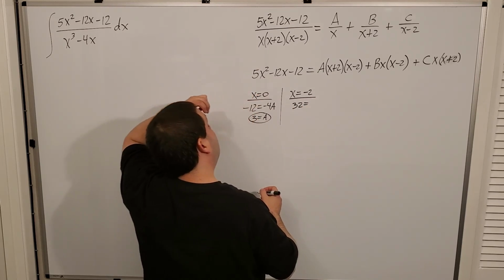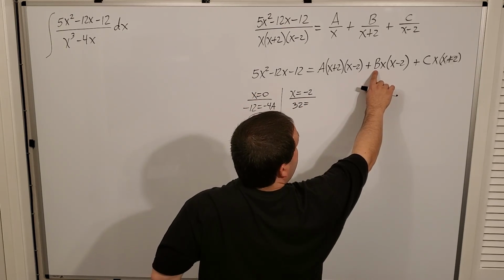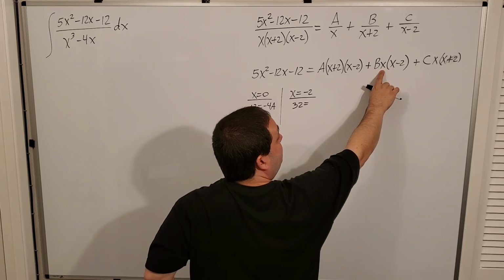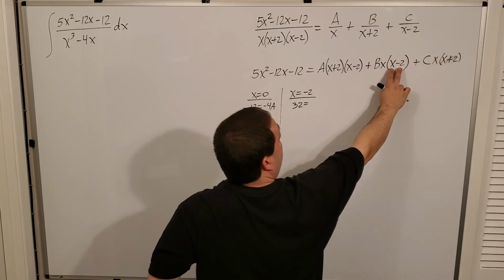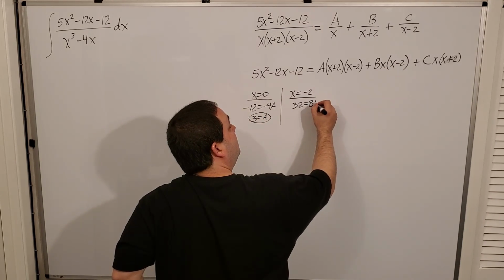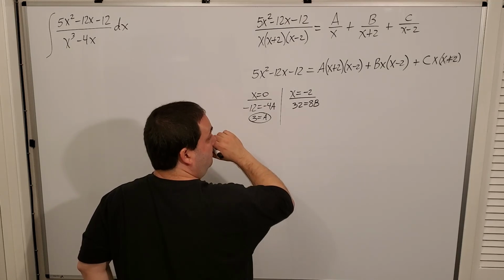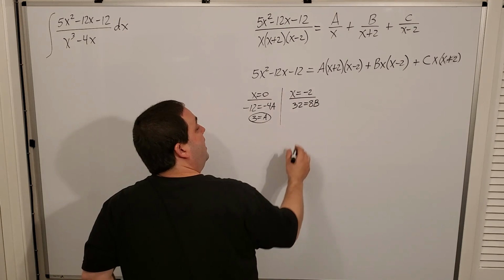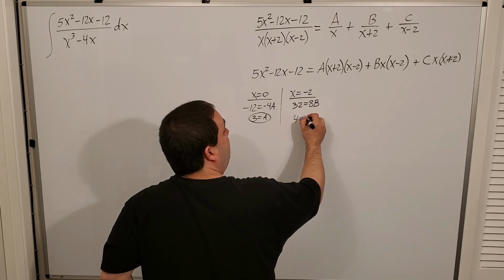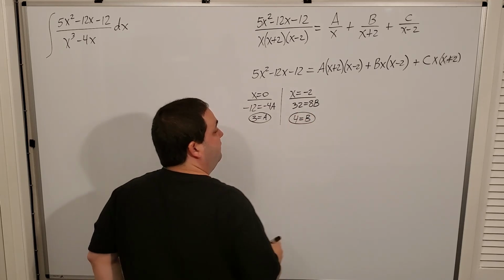And then I'll have B times negative 2 times negative 4, so that's 8B. All right, divide both sides by 8, and I get that B is 4.